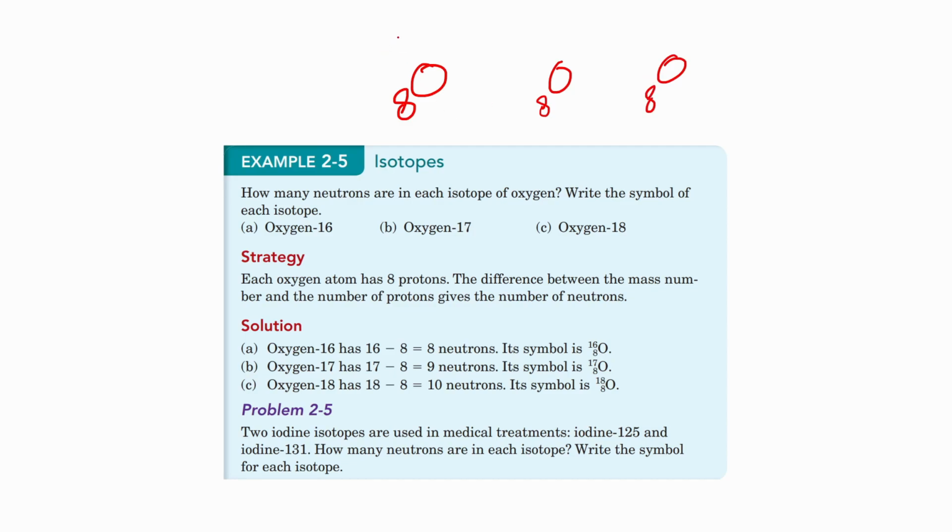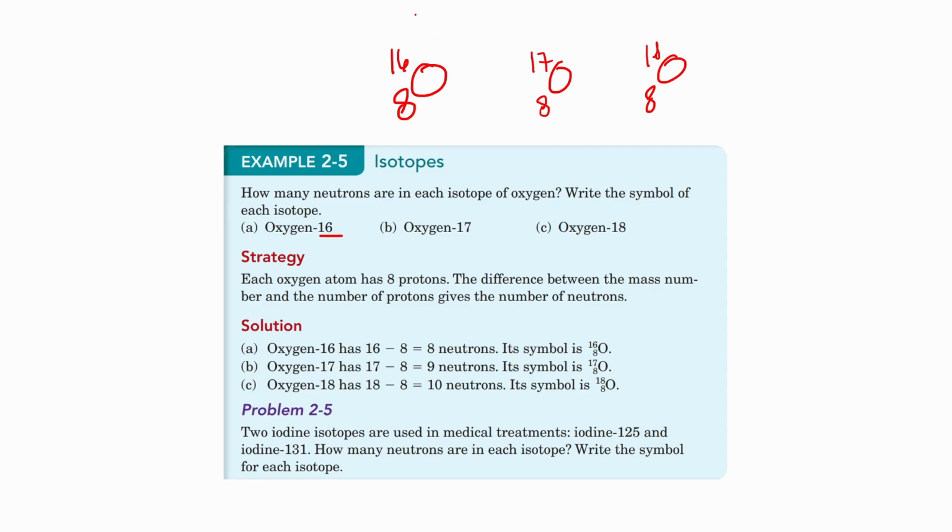We are now to compute for the mass number. So oxygen-16 has a mass number of 16. Therefore, oxygen-16, oxygen-17, and oxygen-18.